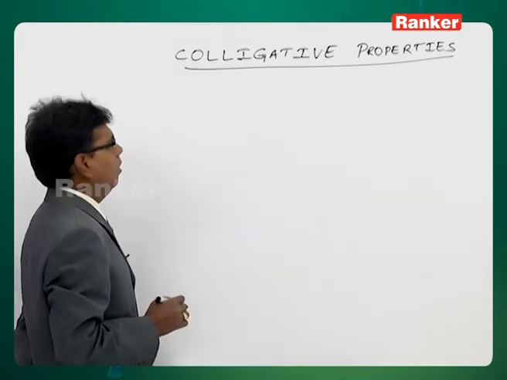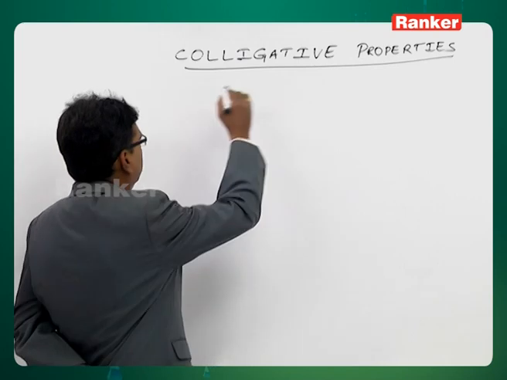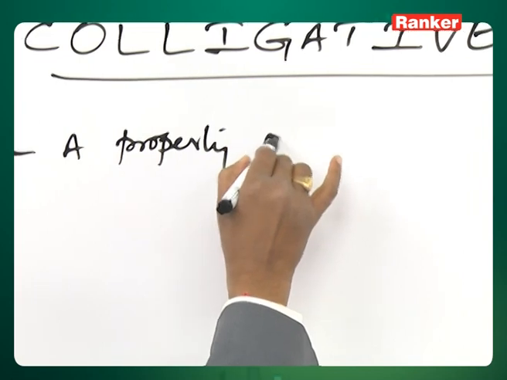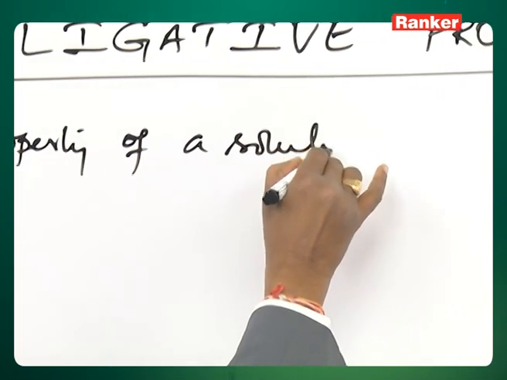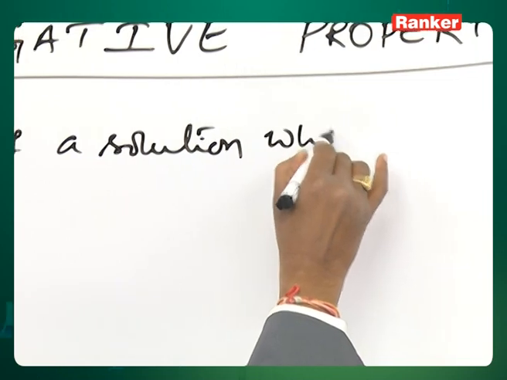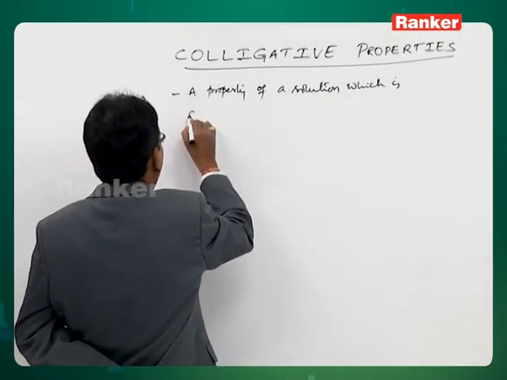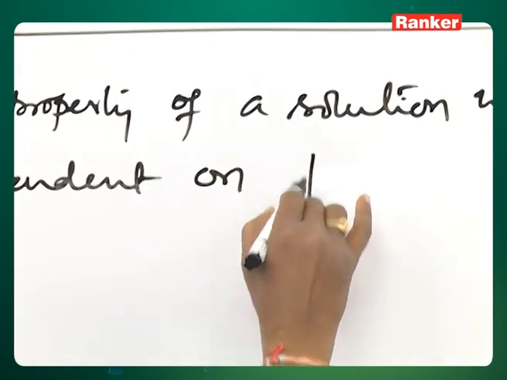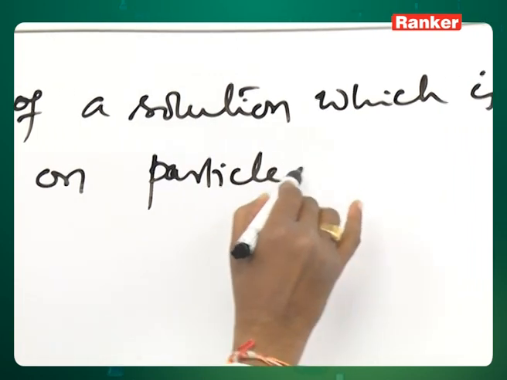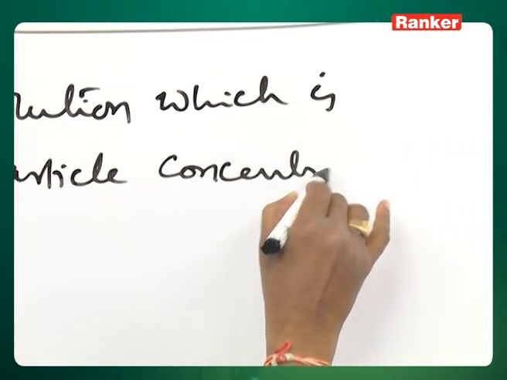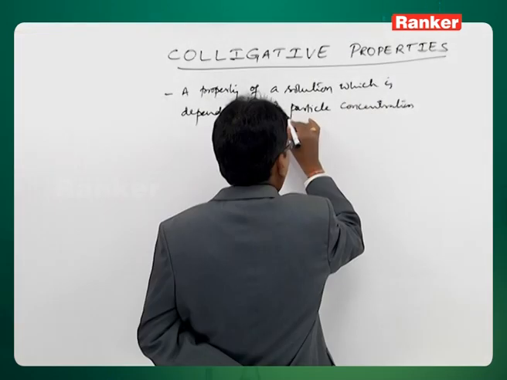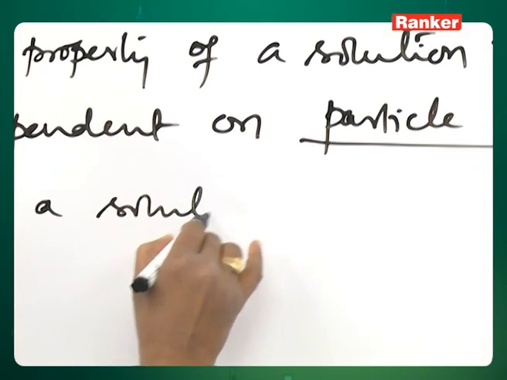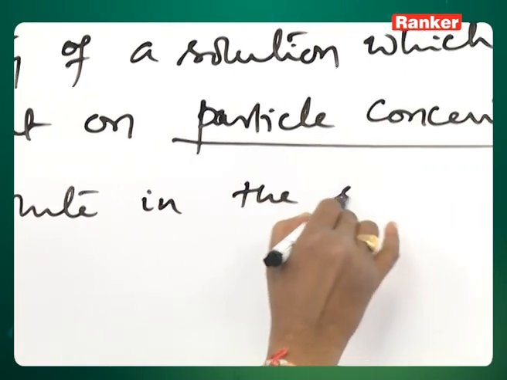First of all, a colligative property is a property of a solution which is dependent on the particle concentration of a solute in the solution.